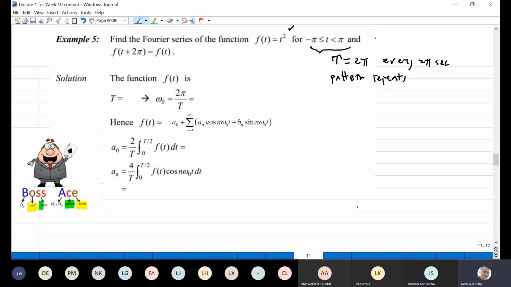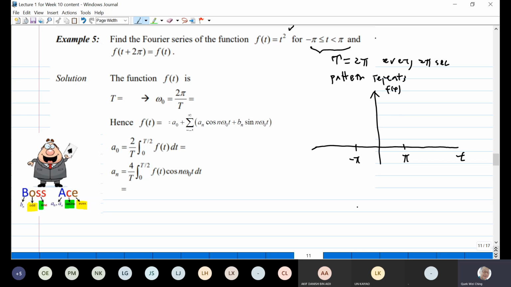So what does it mean? Let's try to draw the picture for you. This is t here, and this is y here, f(t), right? So what does it look like from minus pi to pi? Let's draw it here: minus pi here, pi here.